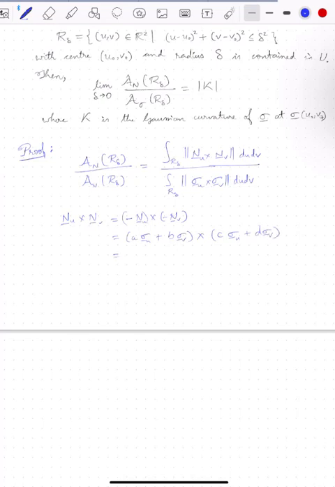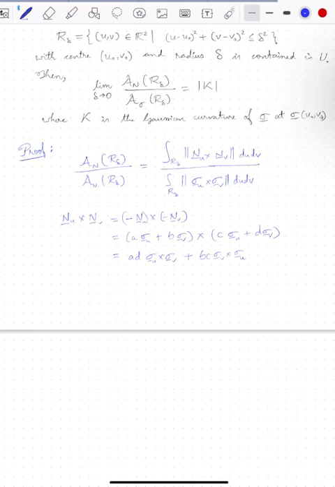Now sigma u cross sigma u is 0, then we have a d sigma u cross sigma v, plus b c sigma v cross sigma u, which is minus sigma u cross sigma v from the property of the cross product.